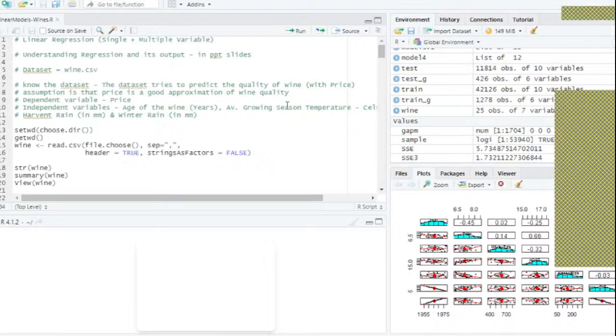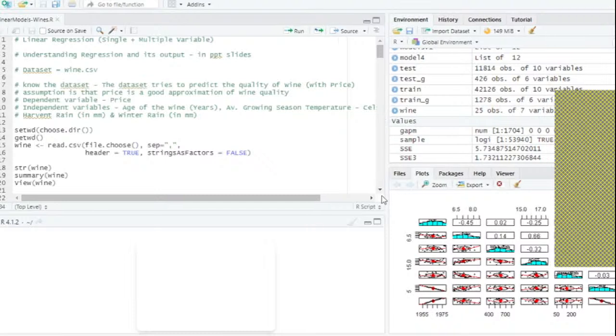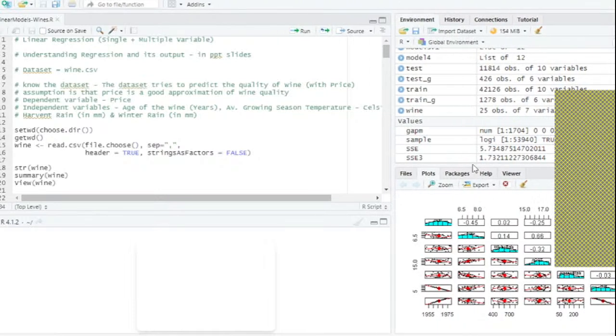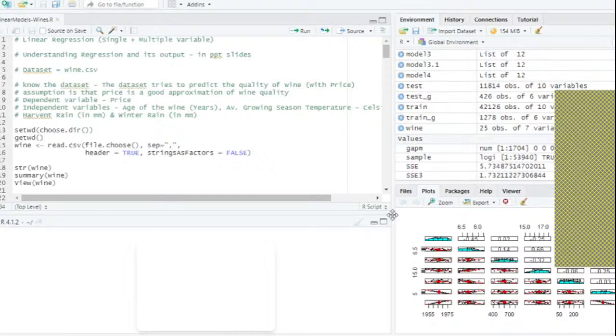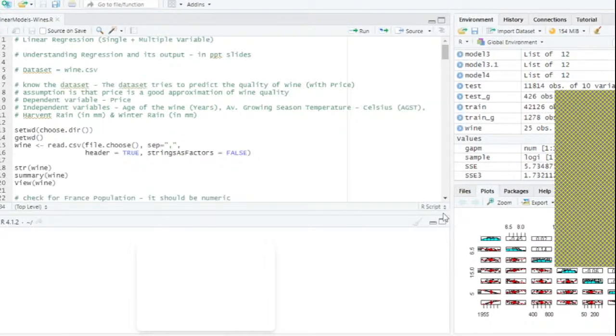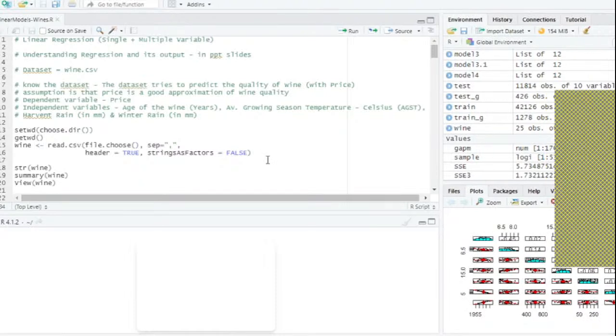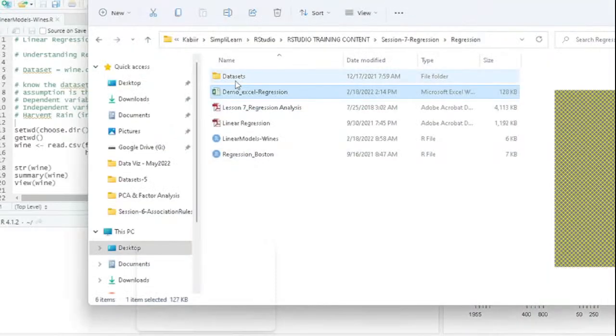Okay, so we have gone through a lot of conceptual part around R, around regression. Now let's start with importing the data set. So I'll show you the data set that you have to import.